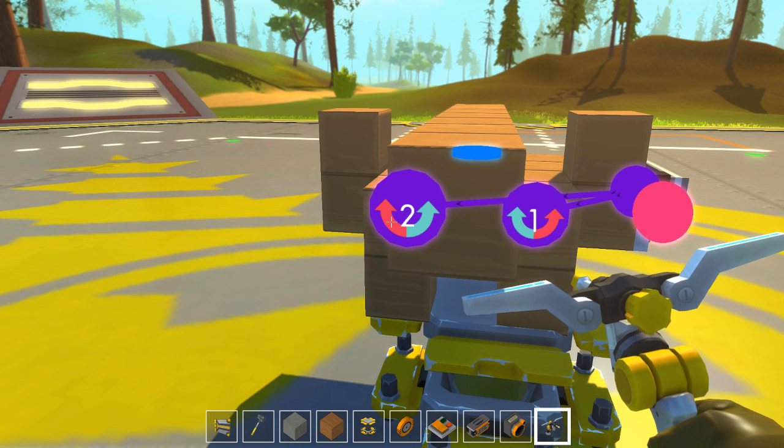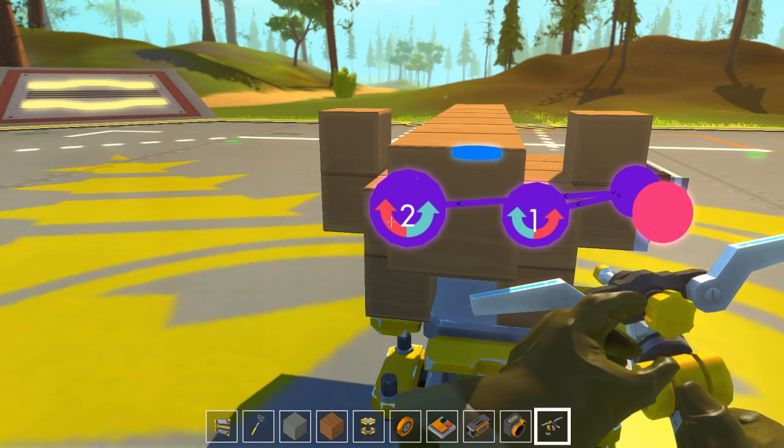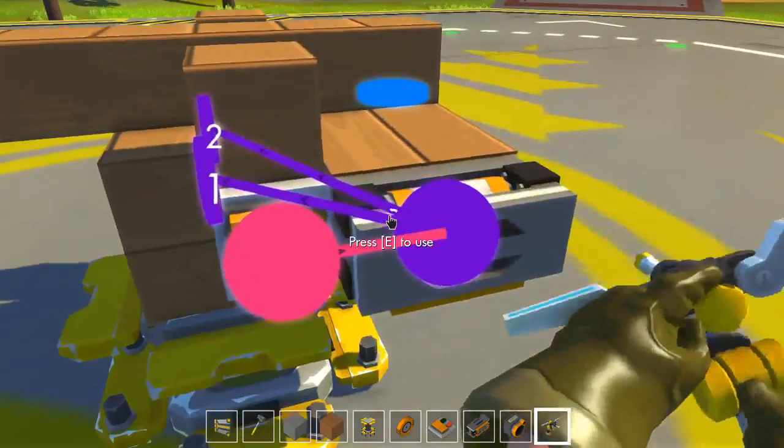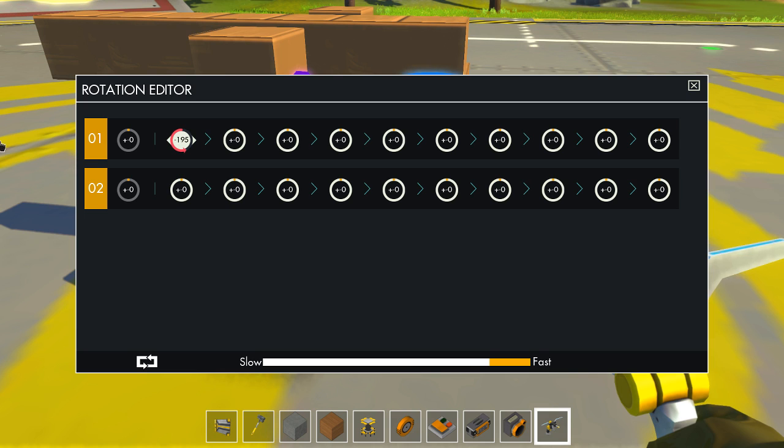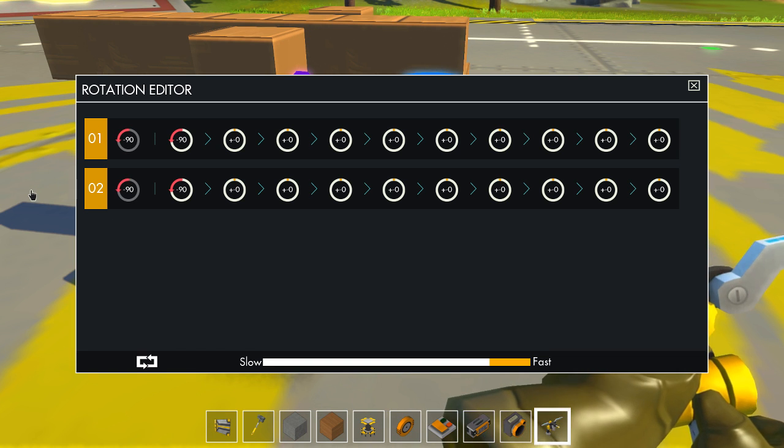we want to rotate towards the red, towards the red in 180 degrees, and actually no, in 90 degrees, because this is going to be in lay flat mode, 90 and 90.